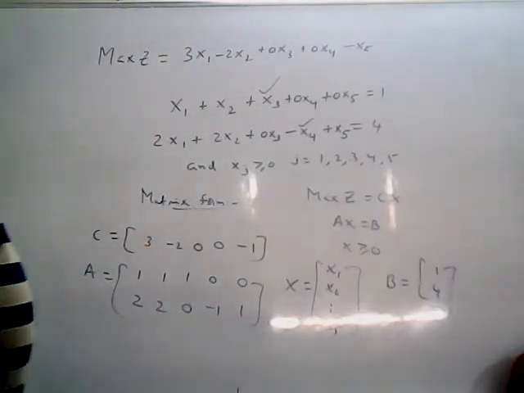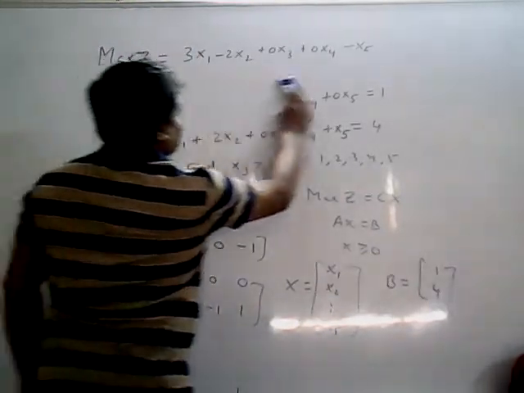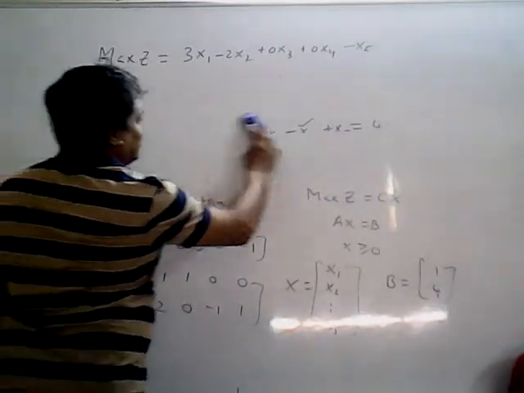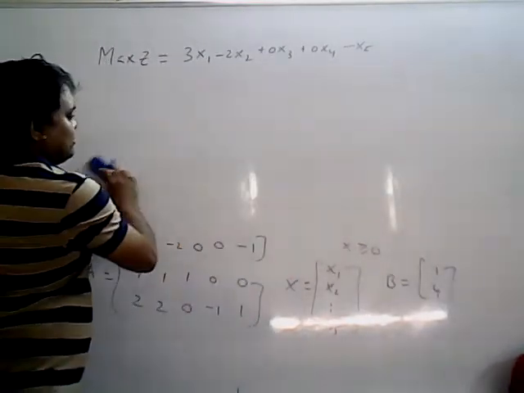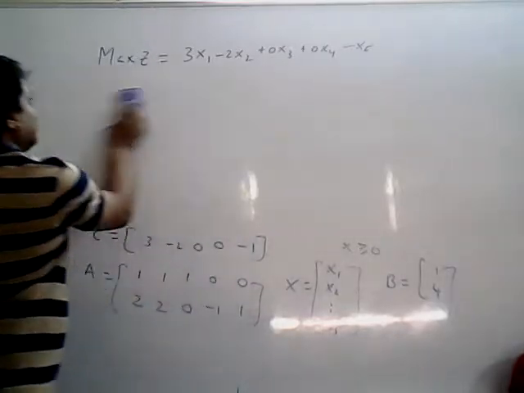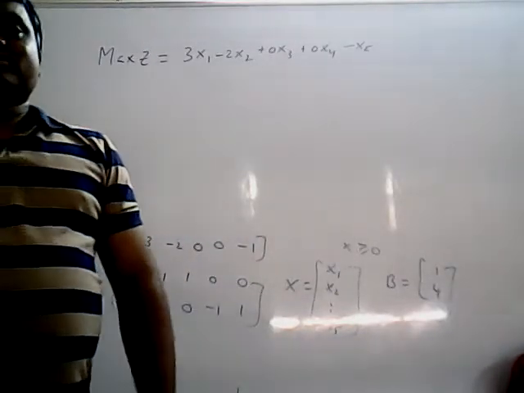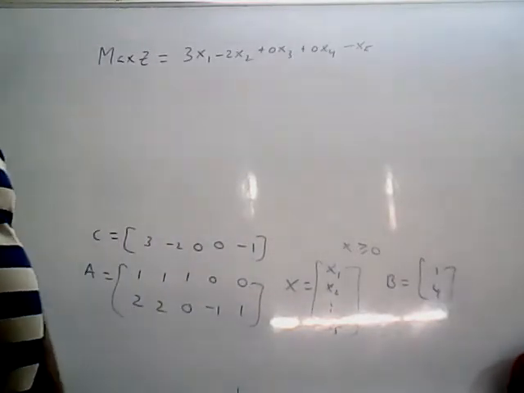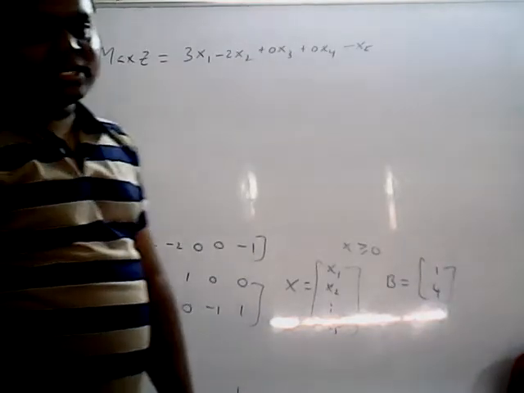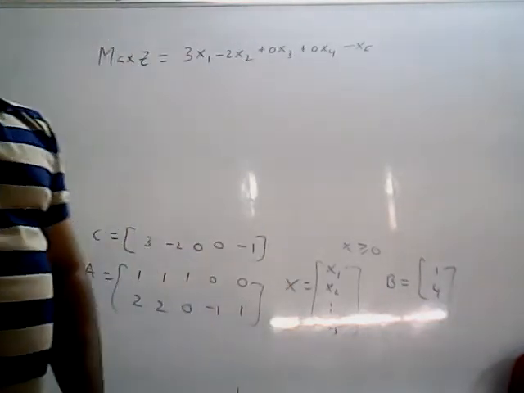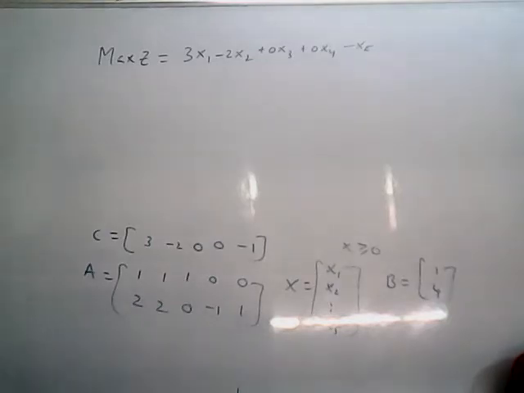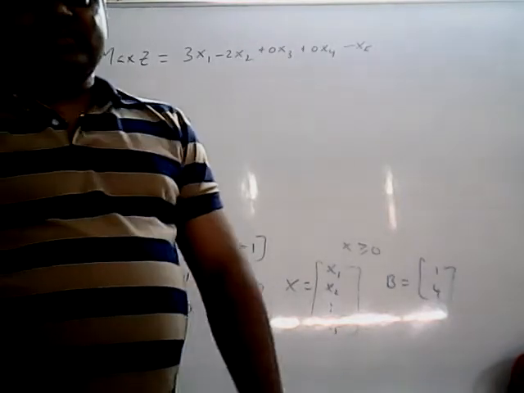In phase 1, put all the original variable costs equal to 0, except the artificial variables in the objective function.